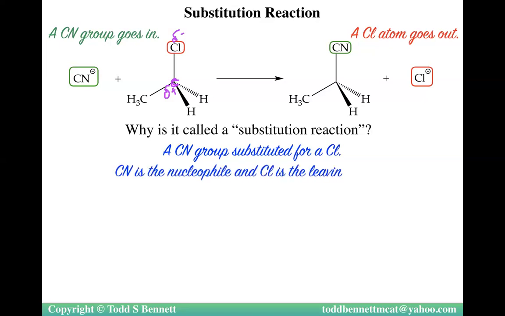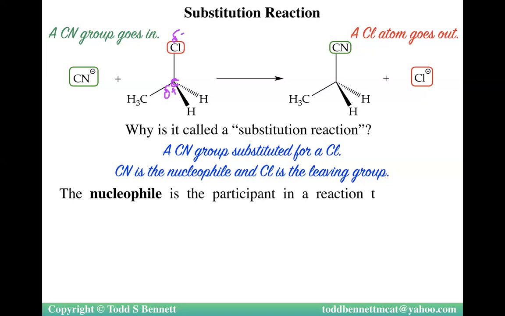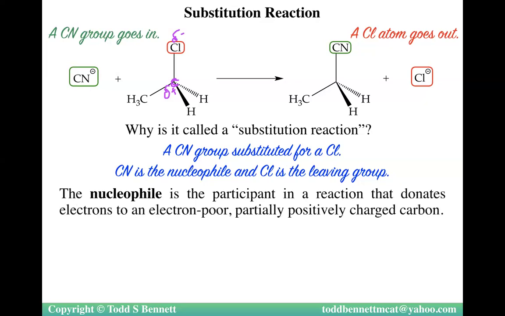The CN is known as the nucleophile when going in, and the chlorine, in this case, is the leaving group. So by definition, the nucleophile is the participant that donates electrons. So the name kind of hints at it. Phile meaning loving, nucleo meaning nucleus or the positive region of an atom. So a nucleophile is something that will go for the positive or electron poor, partially positive part of the molecule.